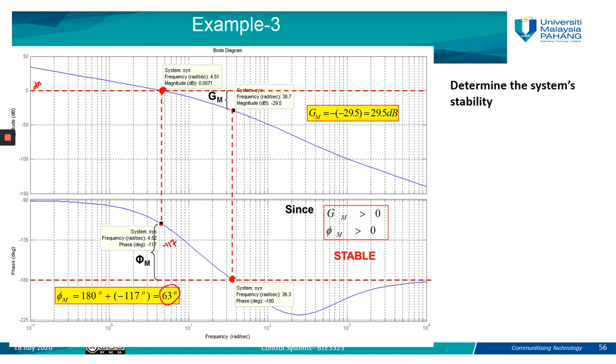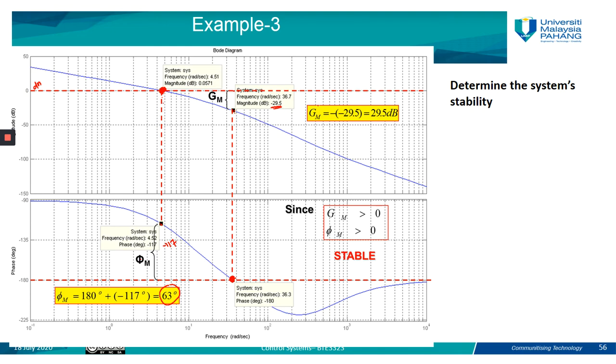For the gain margin, it is also the same. We are going to draw a line from the crossover frequency point for the phase to the top, to the plot of the gain, and we find the difference between the 0 point and this point. So this is the 0 point, and here the point is negative 29.5 dB.